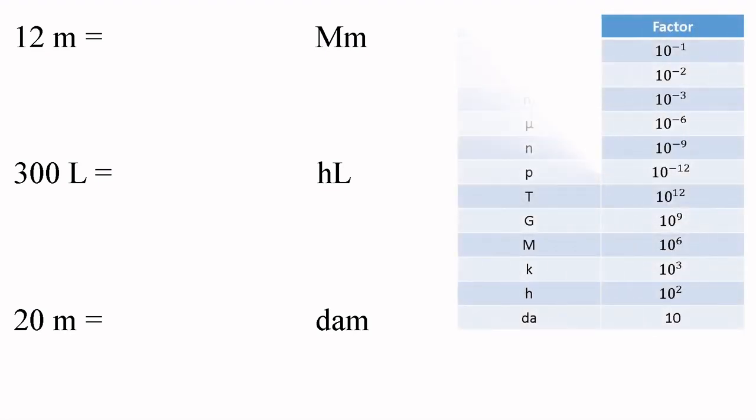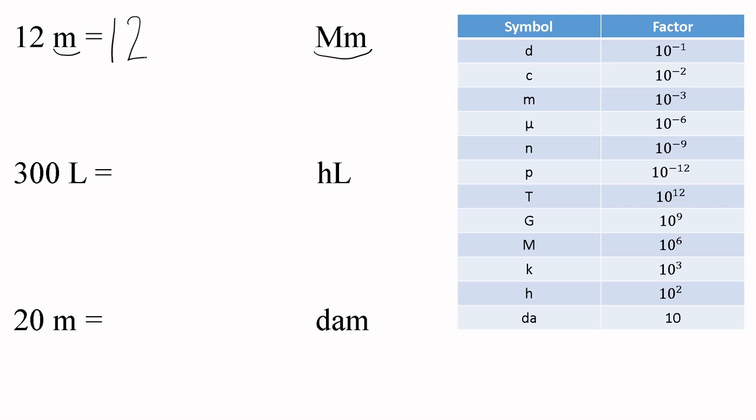Again, we have 12 meters here and we want to convert it to megameters. We have a base unit and we want to convert it to a prefix unit. What should I do? I must divide 12 by the factor mega, 10 to the power of 6. As I told you, this is the last one that I'm explaining completely.